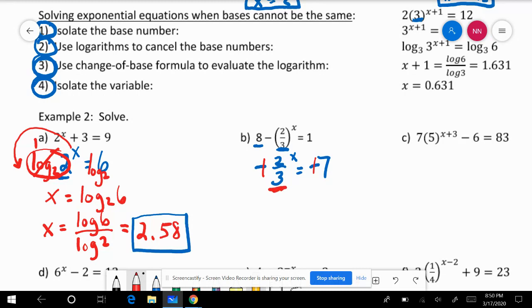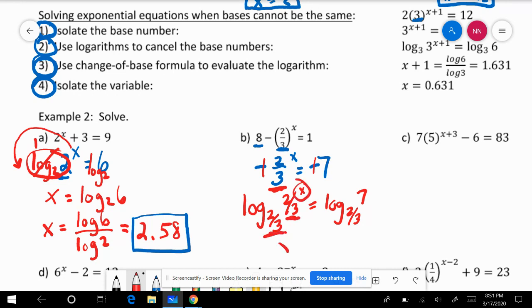So what we're going to do is take the log of whatever the base number is. So we're going to do the log base 2/3 of 2/3, and that's equal to the log base 2/3 of 7. Once again, whenever we have common bases, it always is equal to 1.